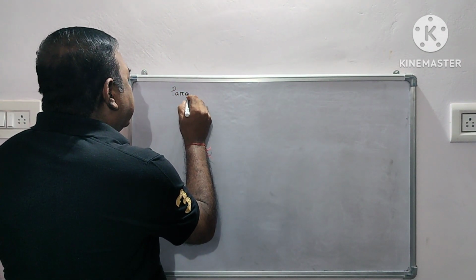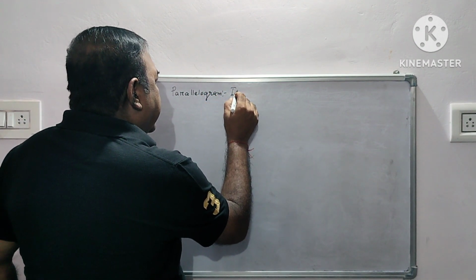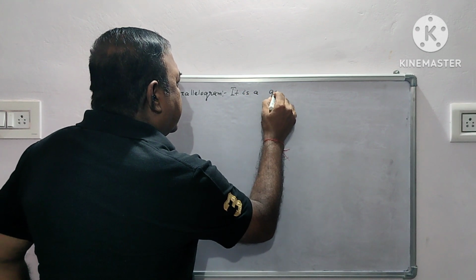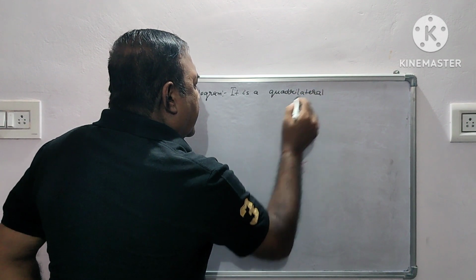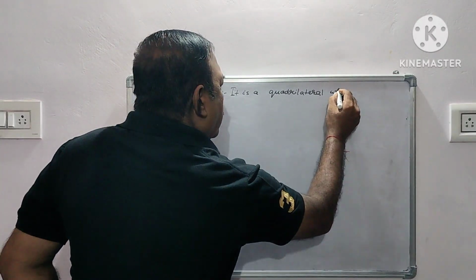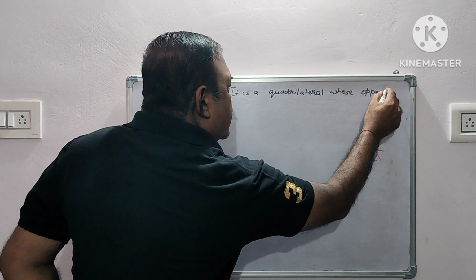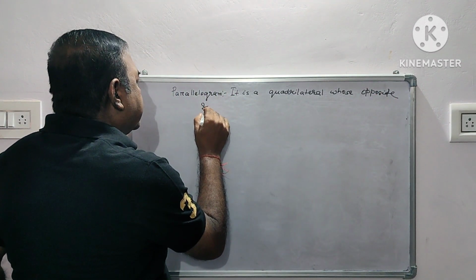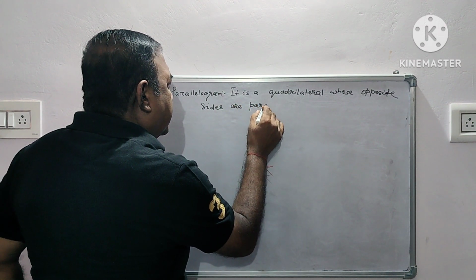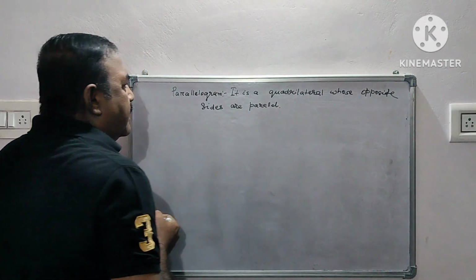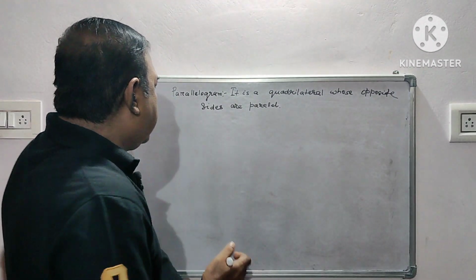So it is a quadrilateral whose opposite sides are parallel.